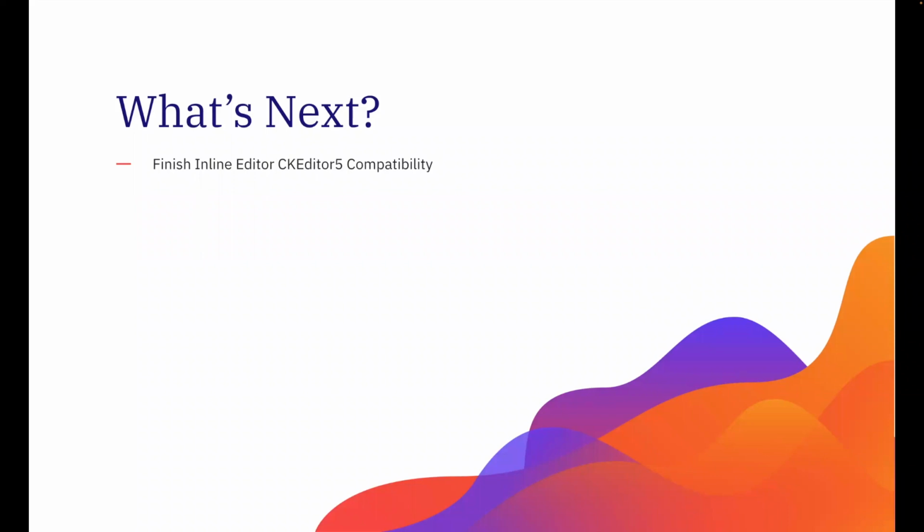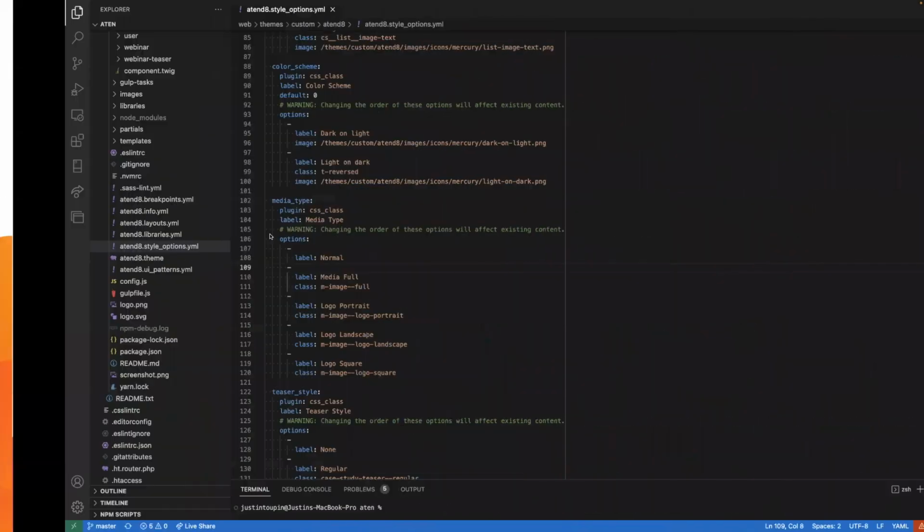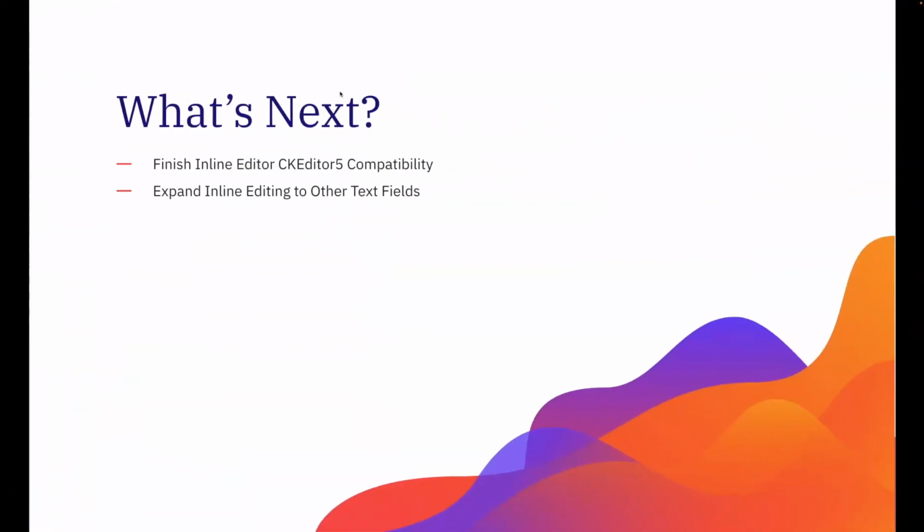There's some weird stuff happening with the drag and drop interface when you click into text and start editing. We want to address that. We're going to expand inline editing to other fields. This is something I'm really excited about with the way Mercury is working.